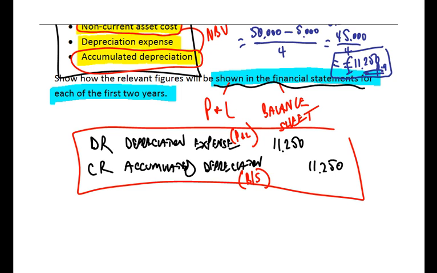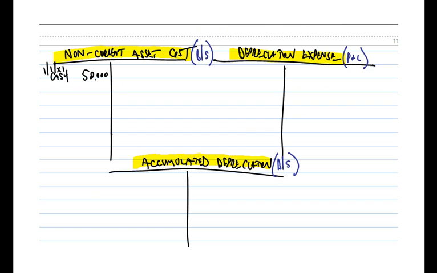So at the end of the first year, let's say 31st of December, we would charge as a debit to the expense account the first year's 11,250. In terms of the narrative, this will tell us where the other side is going. If I just abbreviate, accumulated depreciation, because the credit side is going to go to accumulated depreciation.